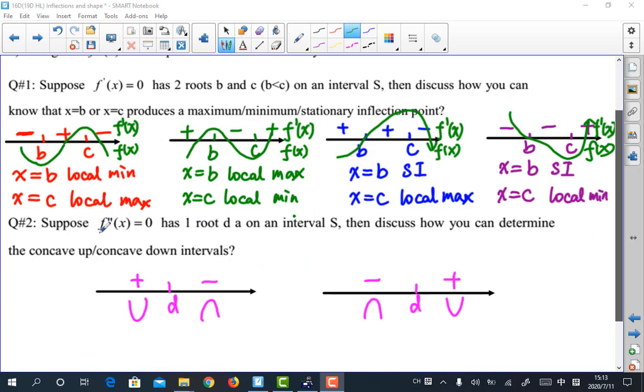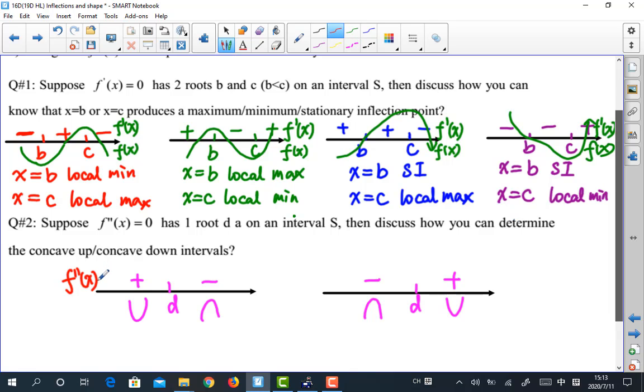As to the second derivative equation, f double prime x equals 0, let's just suppose this equation has one root d. If you have two roots or more than two roots from this equation, you can use one root case to discuss using the same principle. It's the same thing. Okay, so on an interval s in the domain, then discuss how you can determine the concavity near x equals d.